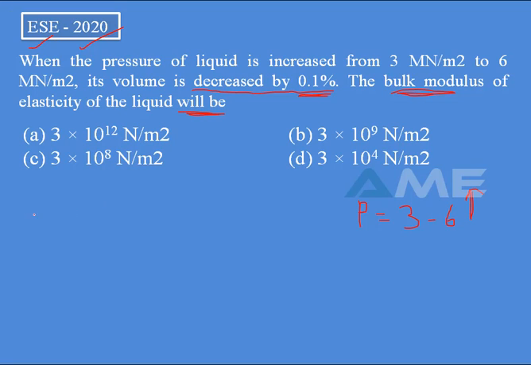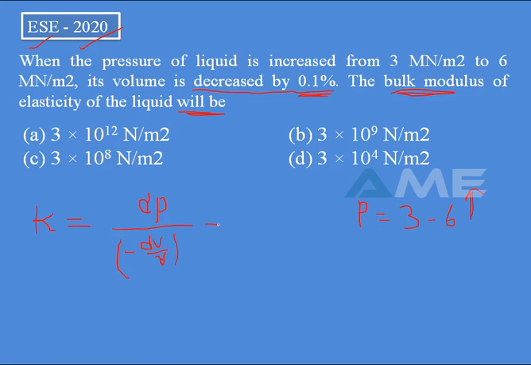According to the properties of fluids, the bulk modulus of elasticity K is equal to dP, which is change in pressure, divided by change in volume by volume, which is negative, right? This will be the decrease in your volumetric strain.